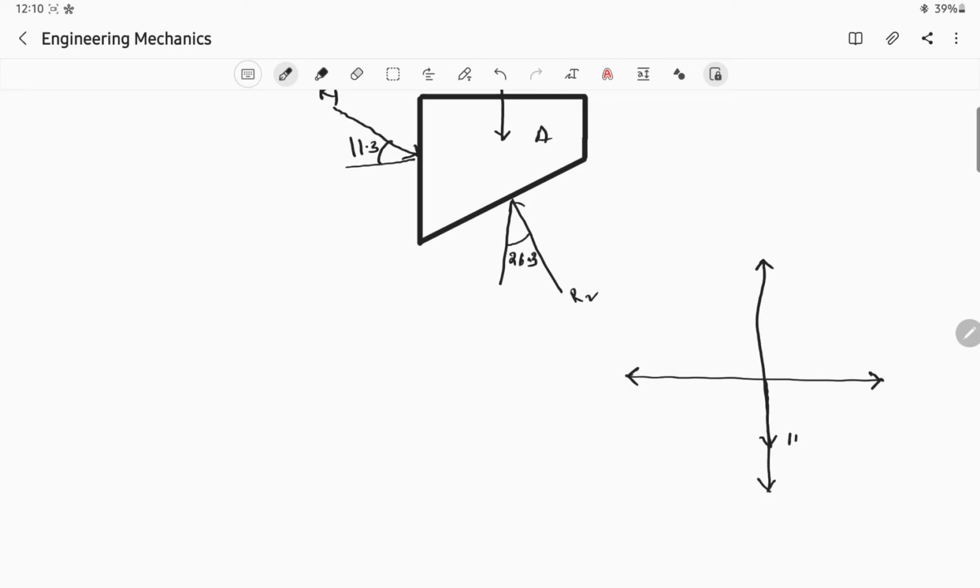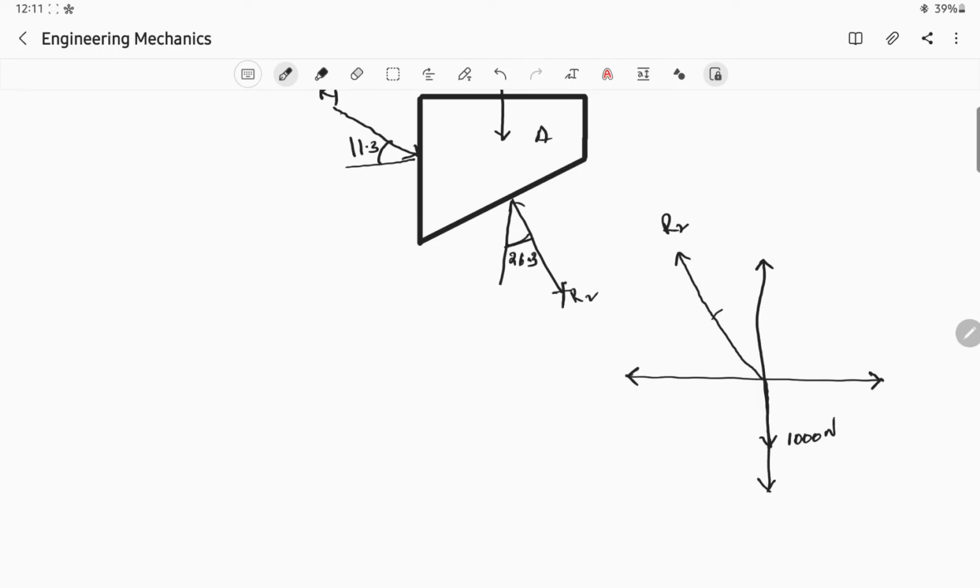Weight W, which is 1000 Newton, is going exactly in the downward direction. First you will see R2. R2 is going in the second quadrant.